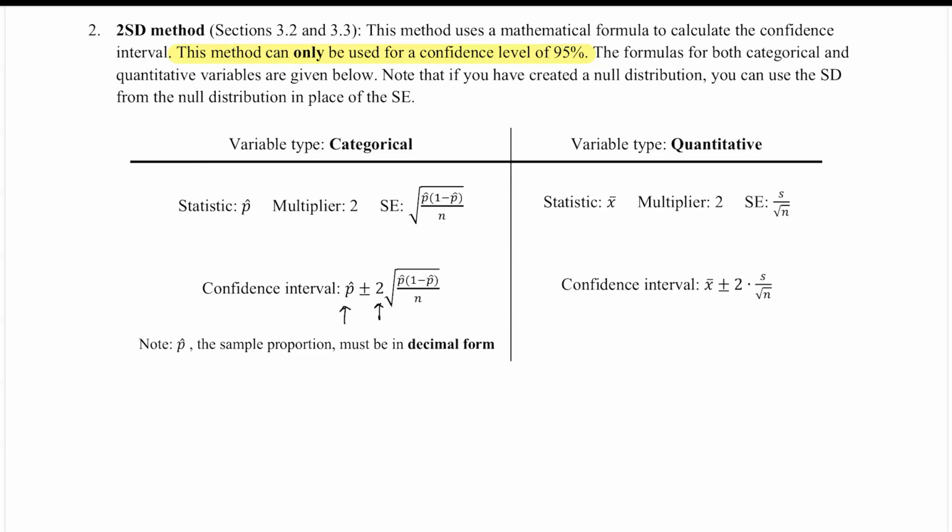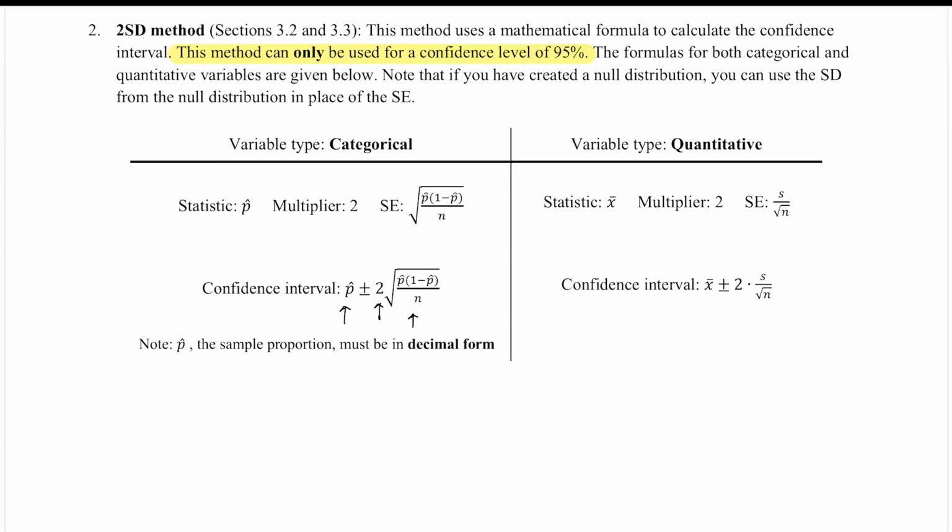So if our variable is categorical, our confidence interval is the statistic, which is p hat, the sample proportion of successes, plus or minus the multiplier, that is 2, and this creates a 95% confidence interval. And then this square rooty thing, that is the standard deviation of the null distribution, also now called standard error. Now this looks similar to something we've seen in the past.